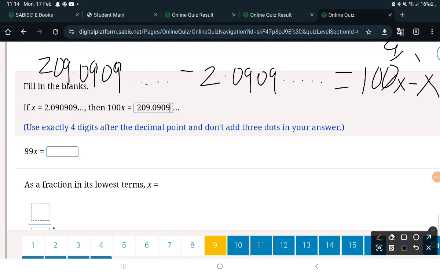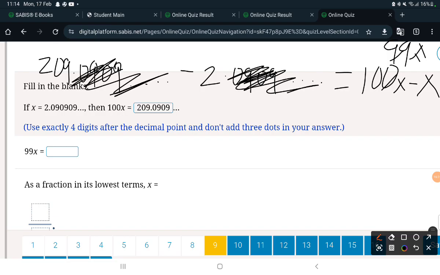This is 99x, everyone knows that. The repetitive 09s also subtract each other out. 209 minus 2 is 207. So we have 207 equals 99x. That's also easy.